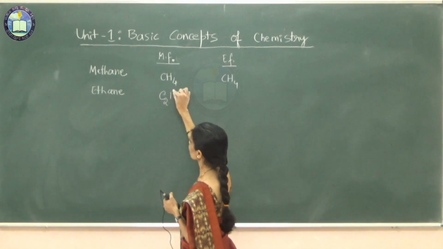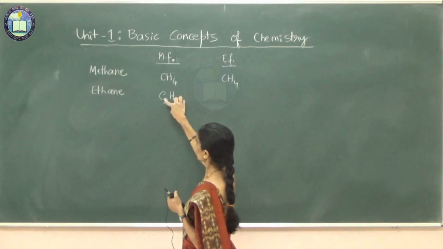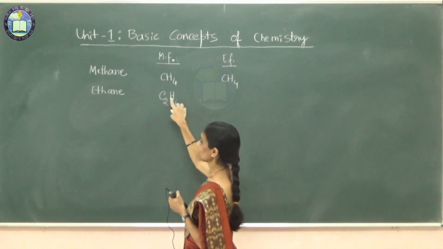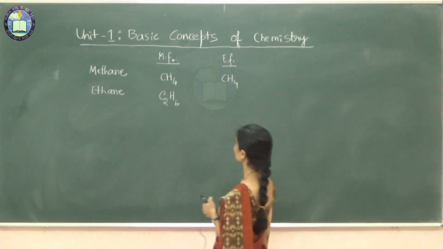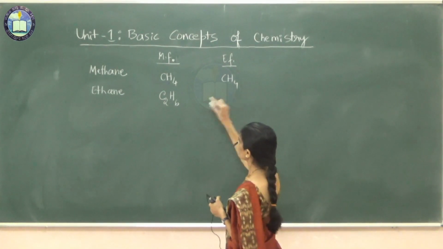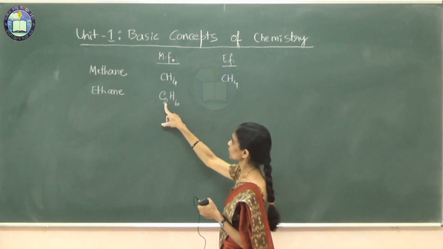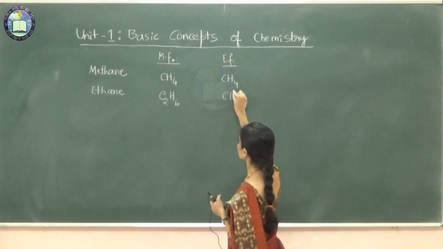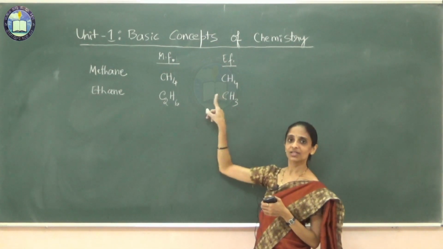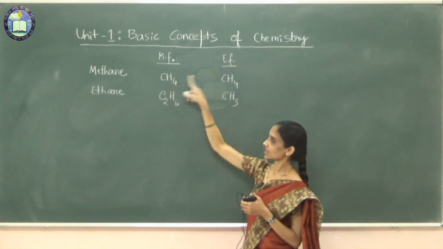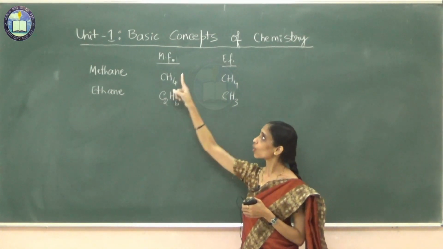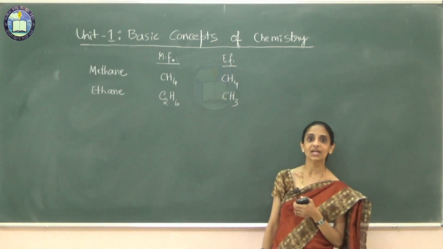Its molecular formula you know is 1 carbon more, C2, and 2 hydrogens more, H6, C2H6. What is its empirical formula? If I take out the common factor 2 from this, I will get CH3. So, now the two formulae are not the same. Here they are the same, but here they are not. So, C2H6 is the molecular formula, CH3 is the empirical formula.